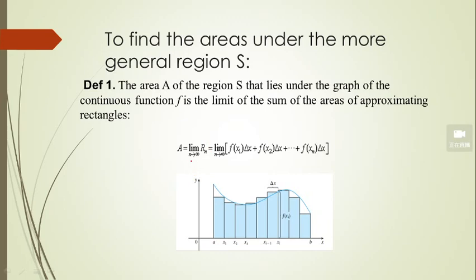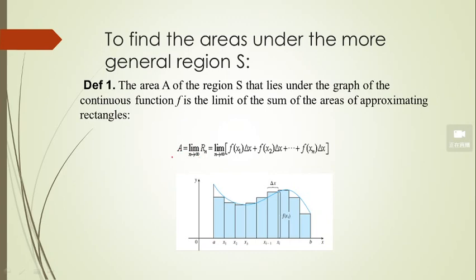If we let n go to infinity, then the limit of those Rn will equal the area A. This is the way we define the area A, and we can work it out. That's why we proved in Example 1 that the area A under the parabola from 0 to 1, this limit, is 1/3.